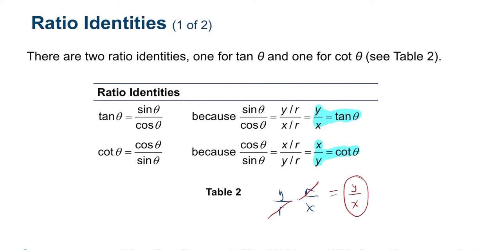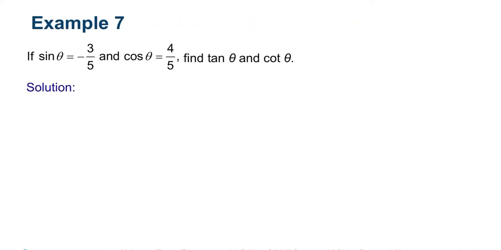All right, let's take a look at our first example. Sine is equal to negative 3/5 and cosine is equal to 4/5. Find the tangent and the cotangent.